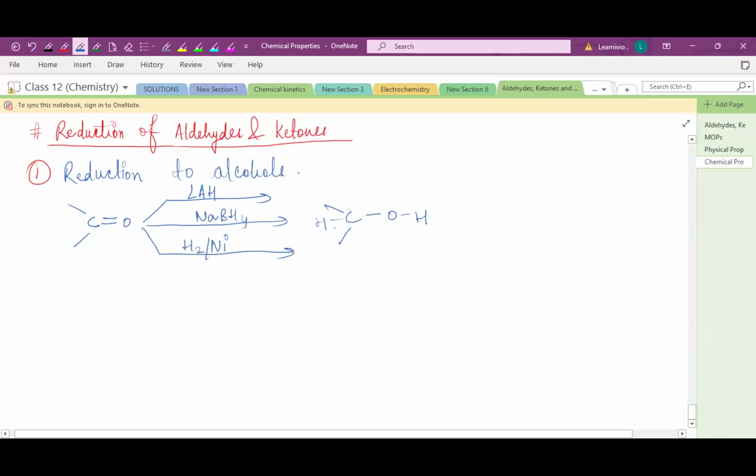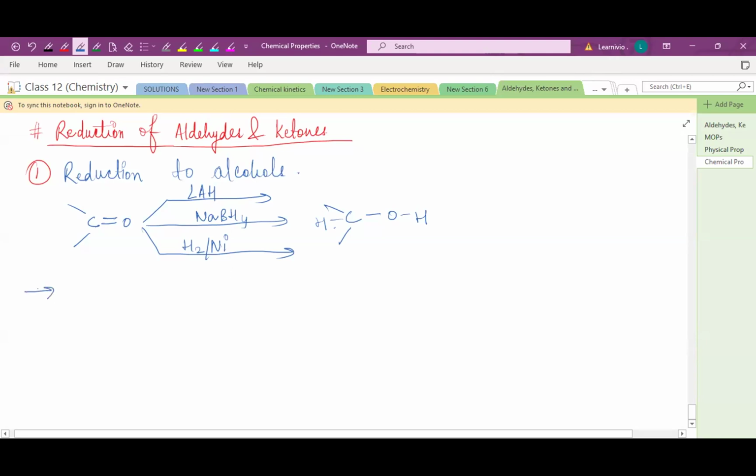So this carbonyl compound will be reduced to the corresponding alcohol in the presence of any of the reagents. Sodium borohydride is especially for the reduction of this carbonyl group to the alcohol, and you can also do hydrogenation in the presence of a catalyst.